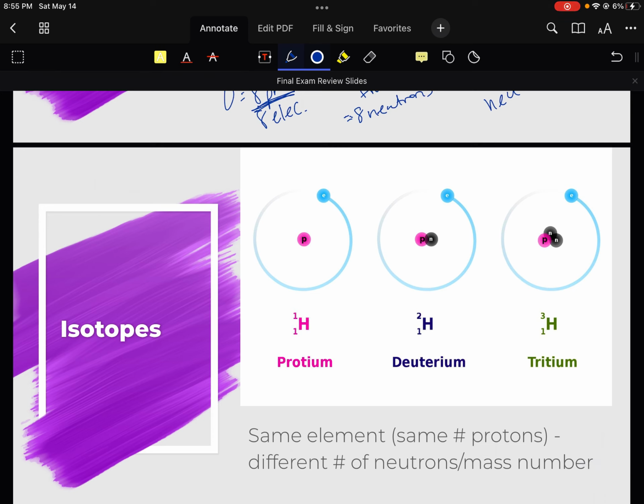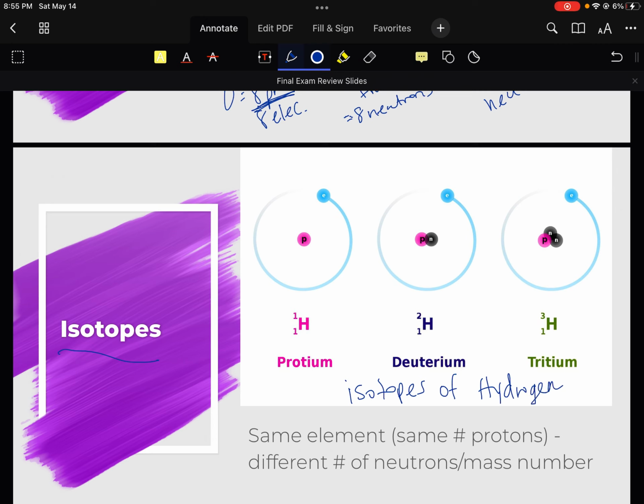When we're looking at an element that is the same element like hydrogen, but they have a different number of neutrons, that makes it an isotope. So here we have 3 different pictures. These are all isotopes of hydrogen, and then they've just given them little fancy names to specify.